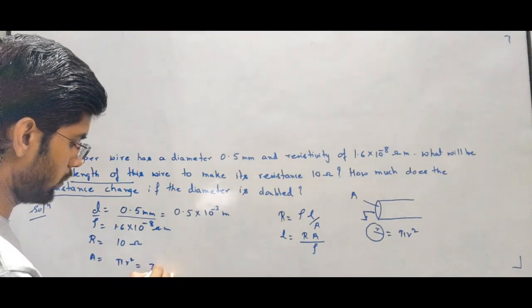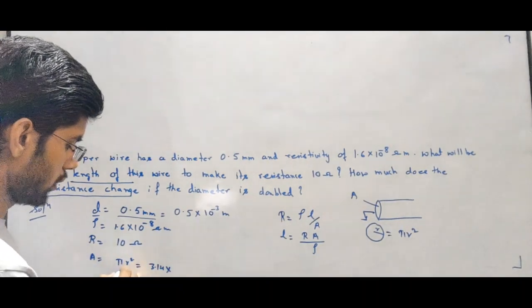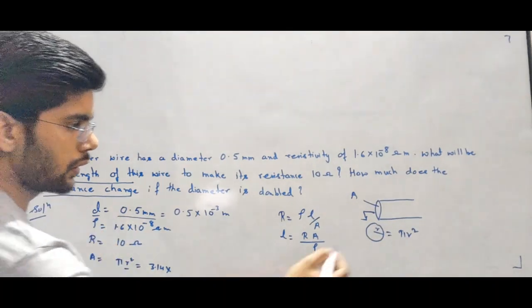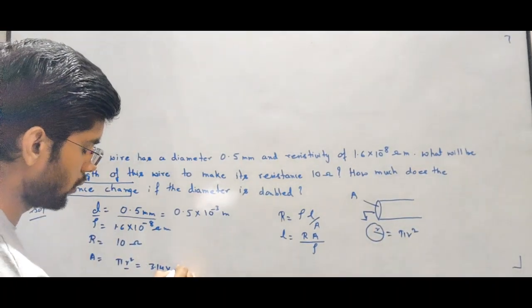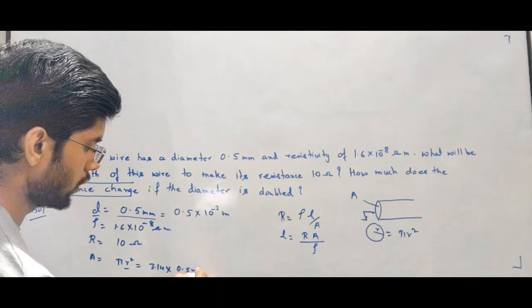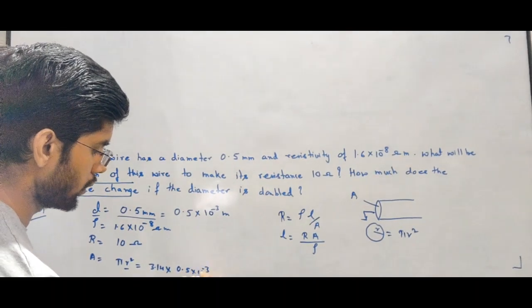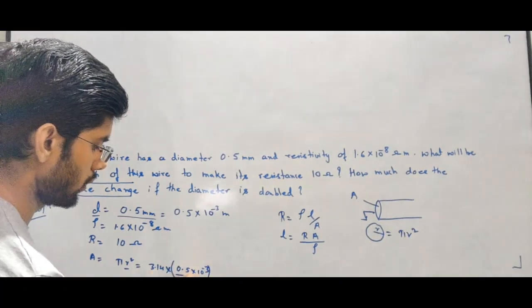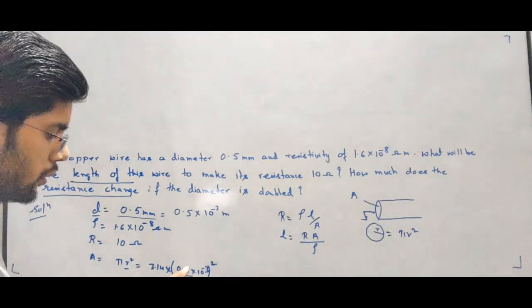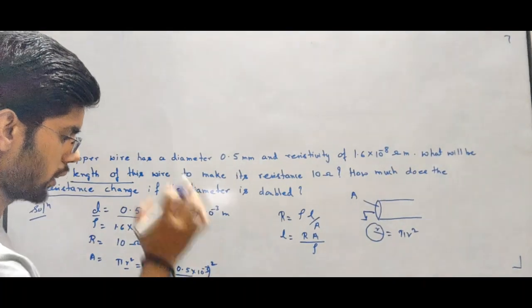That is 3.14 into, in place of R, what? You know, the radius of a diameter is half, right? So we can write 0.5 into 10 to the power minus 3 divided by 2, whole square. This is the radius, and that is squared.